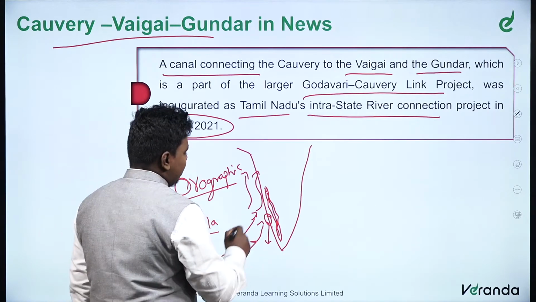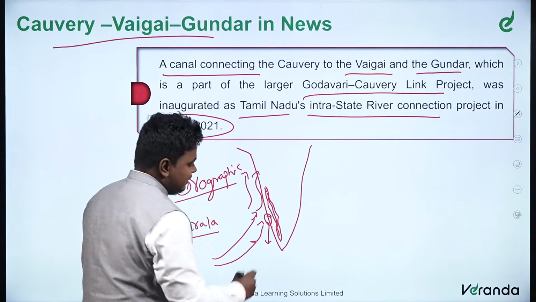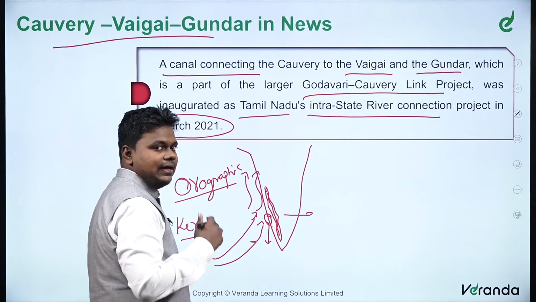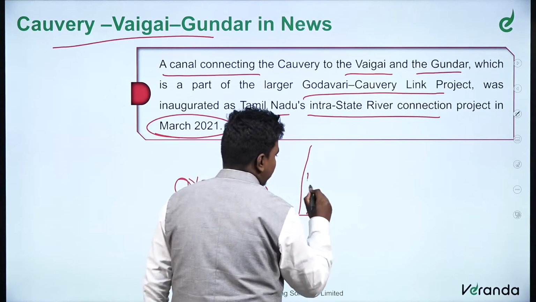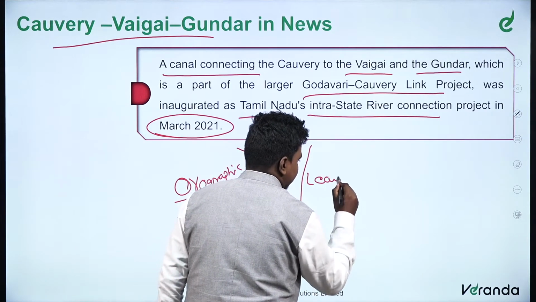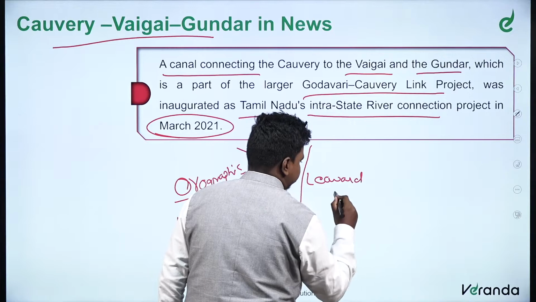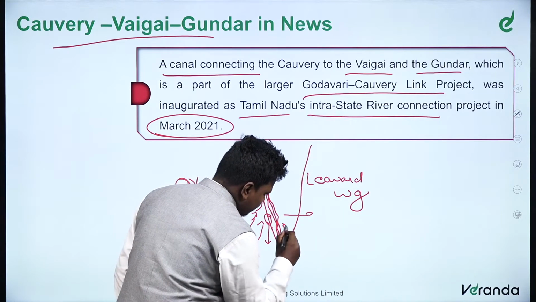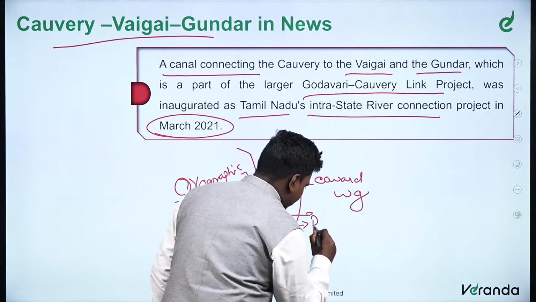But because of the Western Ghats, this part, the leeward side of the Western Ghats, was not experiencing rain at all, especially the district of Ramanathapuram in Tamil Nadu.